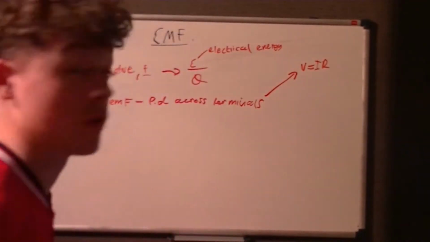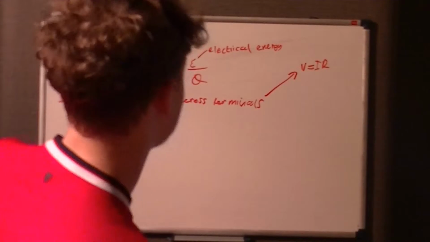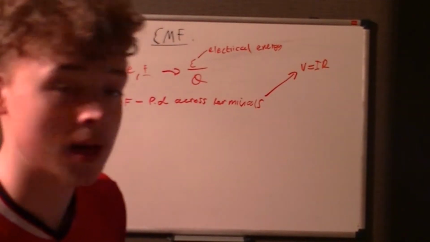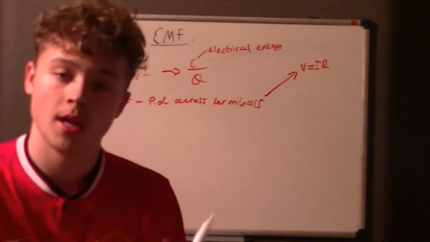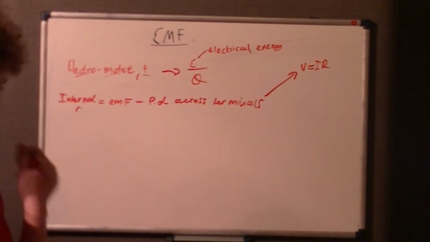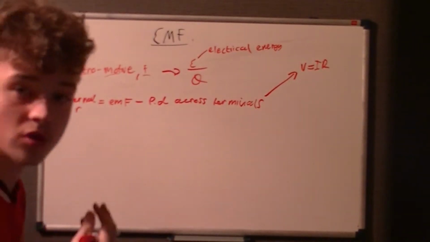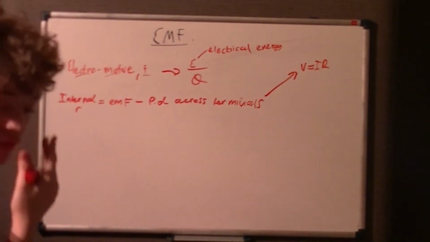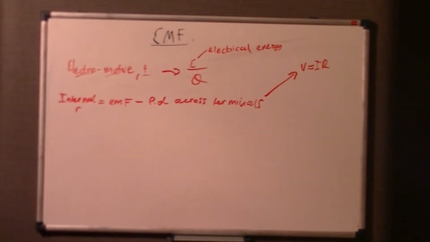External resistance is anything you add onto the circuit. The internal resistance is, say, the resistance from the wires, for example. So, just to give you a bit of a guide there. So yeah, we can describe what EMF is. Hopefully you've understood what the potential difference across terminals is. So, that is the basic stuff.